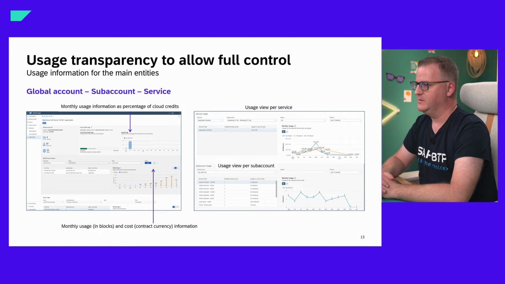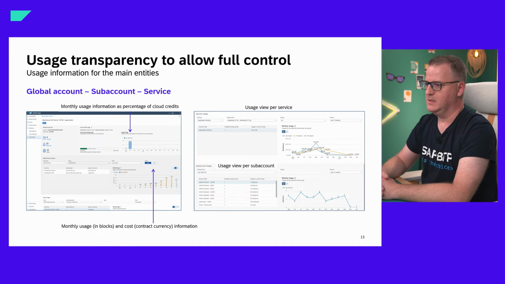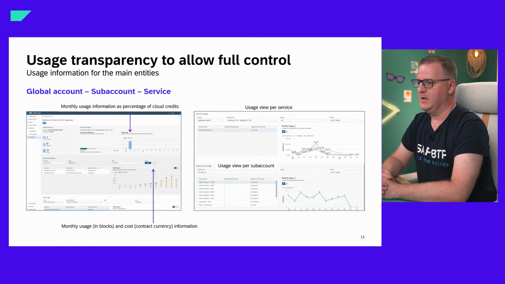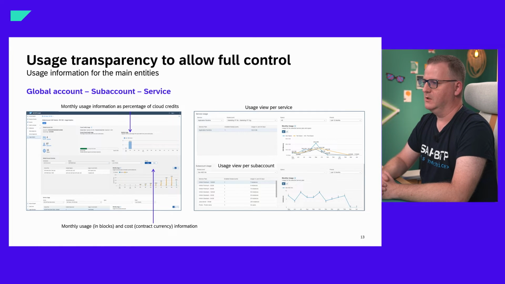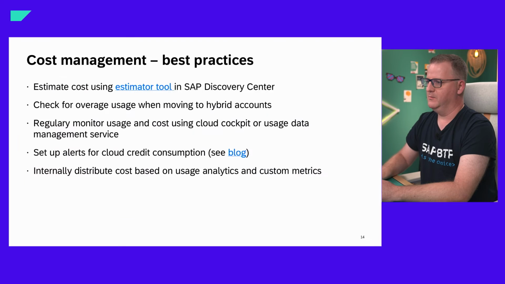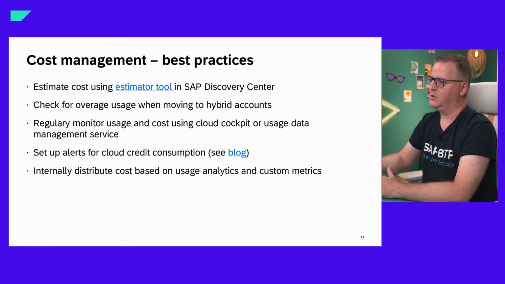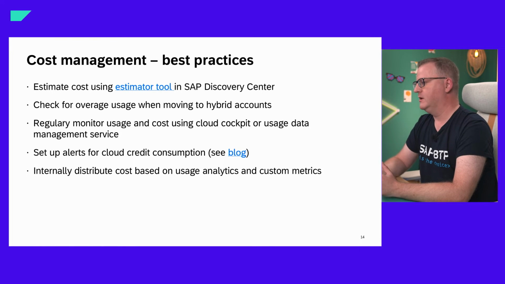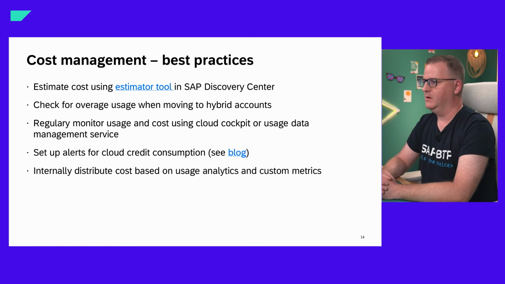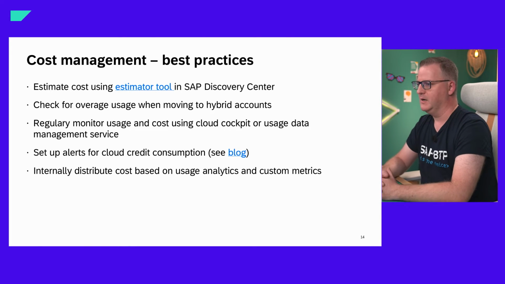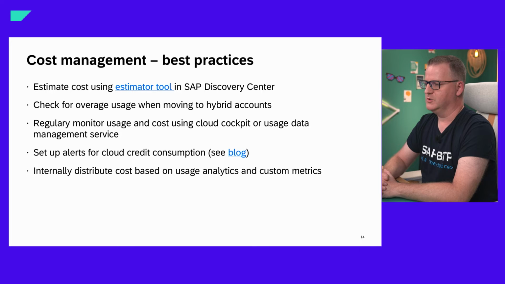So all the usage from the different sub-accounts within that global account would be aggregated and then compared to your monthly credits that you have available. So you can exactly see how much of your available credits for this month you have already used up. And this is also what we recommend: to regularly check the usage and the associated cost in the Cloud Cockpit. Or you can also do this via the API of the Usage Data Management Service, and then also use that API to integrate in third-party solutions for monitoring usage and consumption.